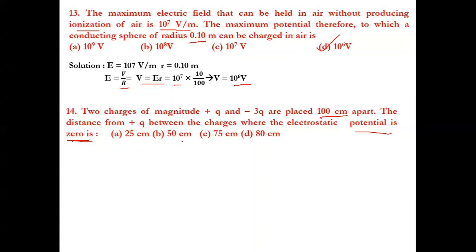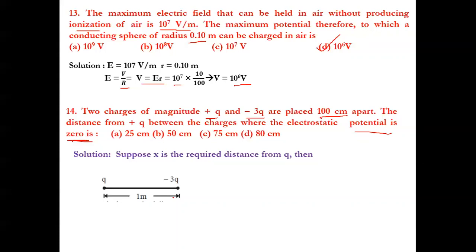In theory, we have studied this, that is called the null point. At that point, the potential due to the two charges becomes equal to 0. Take the potential due to one charge as V1 and the potential due to the other charge as V2. These are the two charges Q and 3Q separated by a distance.